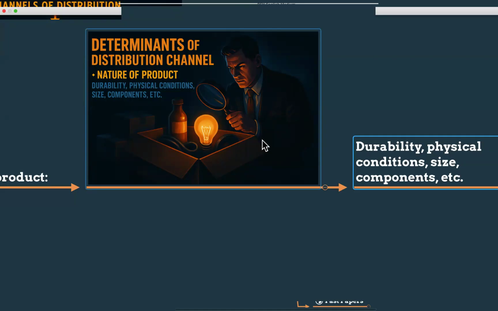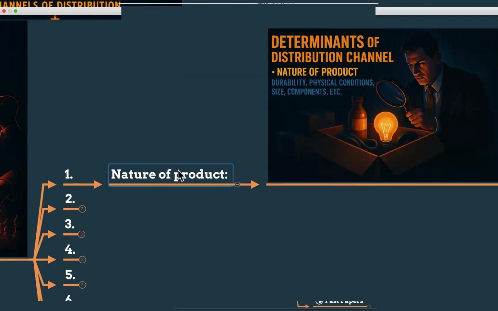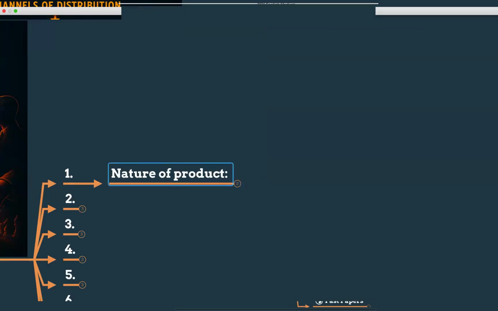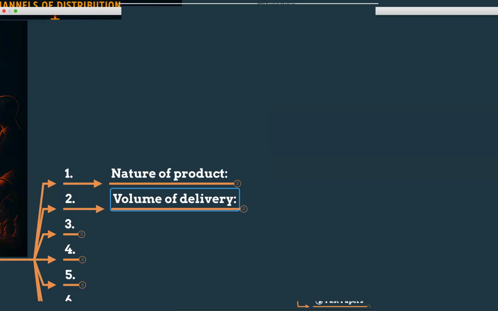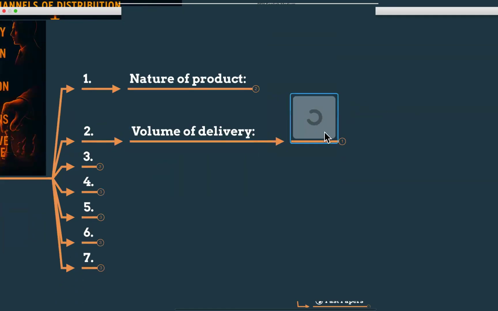For example, on Valentine's Day when you are ordering roses, that needs fast, careful distribution. We cannot have multi intermediaries there. So the nature of the product decides the distribution channel, and the volume of delivery as well.